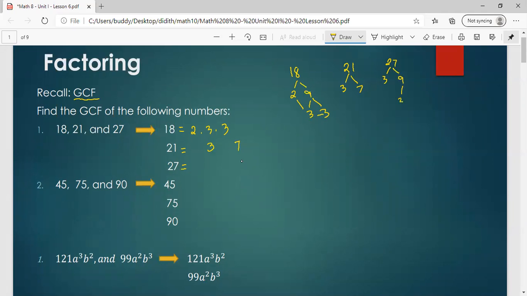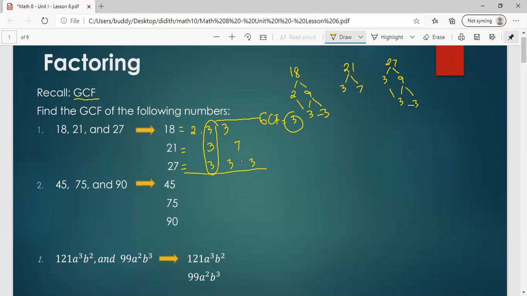When 9 is divided by 3, it's 3 again. So we have 3, another 3, and another 3. So 18, 21, and 27 have only one set of common factor, which is 3. So therefore, we consider the GCF of the numbers equal to 3.